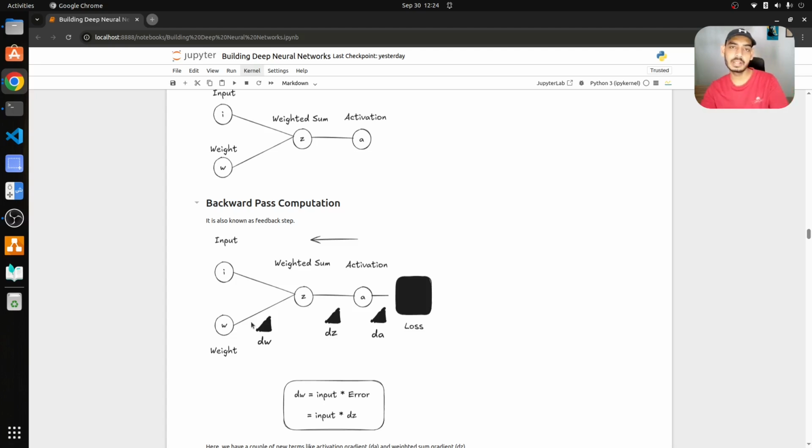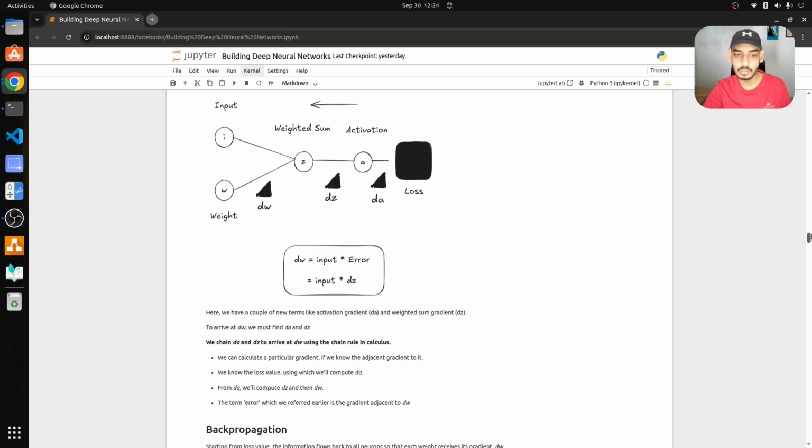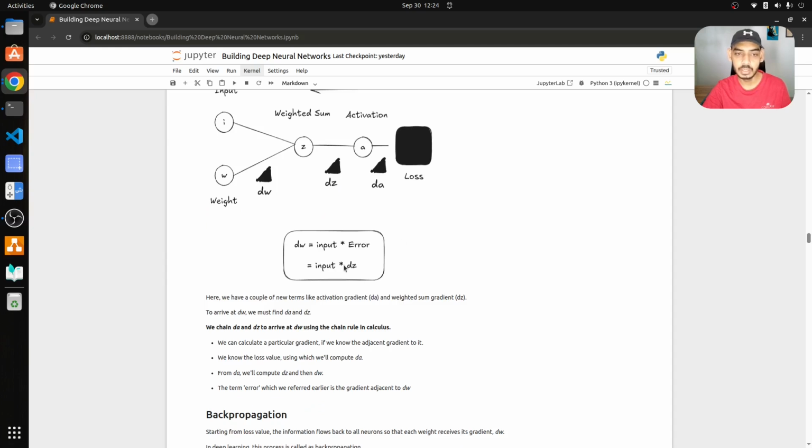In calculus there is something called the chain rule. If you have the loss, you can calculate dA, and once you have dA, you can calculate dz, and once you have dz, you can calculate dw, which is basically input times dz.